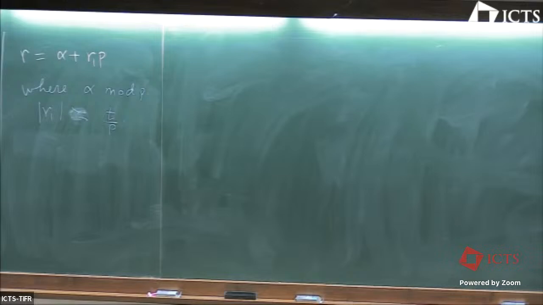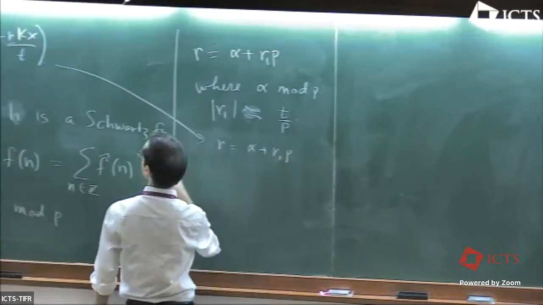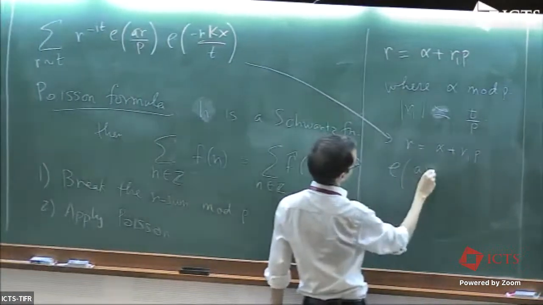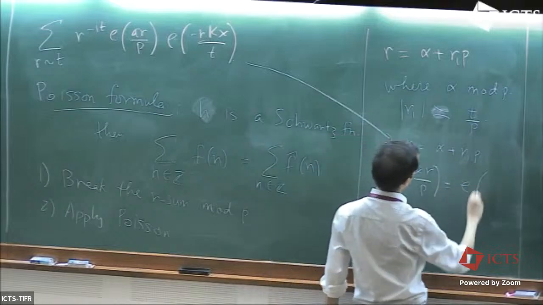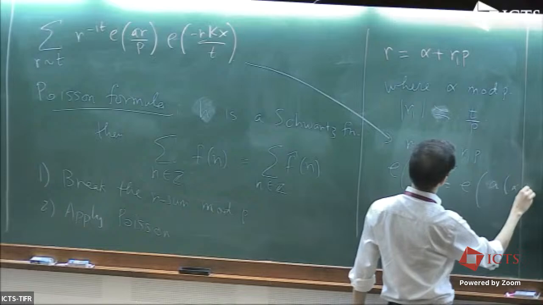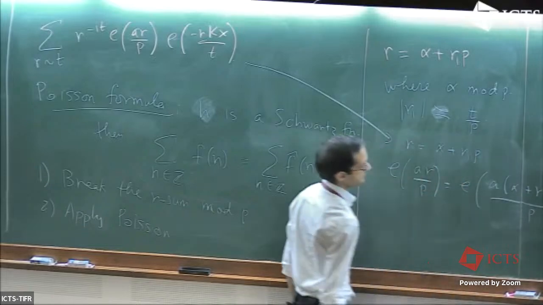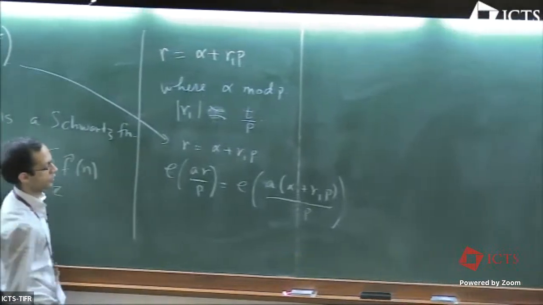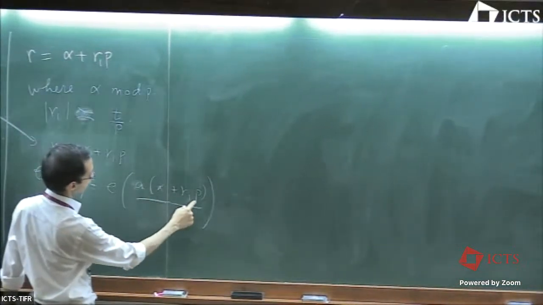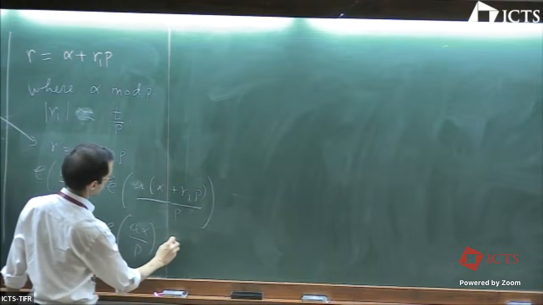So let's get this right, R as alpha plus R1 p. And what you should notice here is that e(aR/p) is e(a(alpha plus R1 p)/p), right? And over here, you see that e(aR1 p/p) is just 1.